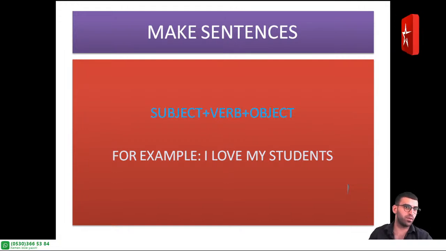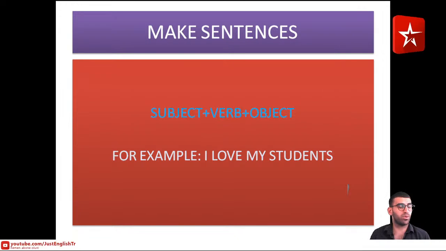If you start learning 5 new words in English every day, and if you write sentences about them, and if you use them in the sentences, if you practice them, if you use them in your speaking, it is enough. It is enough. Whichever topic you are talking about, you will have good communication skills.